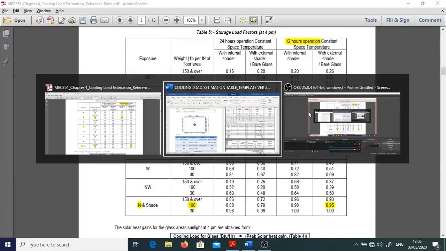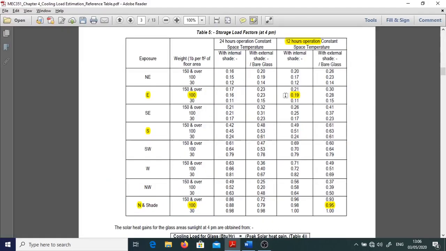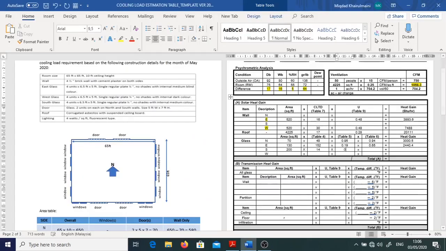From the question, from the south, we have internal medium color blind. So internal color blind, so here is 0.51. So we fill in here 0.51.